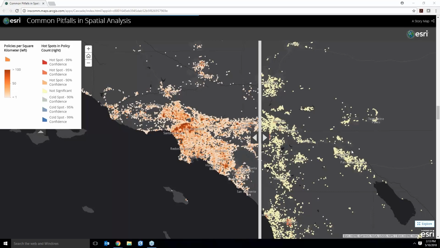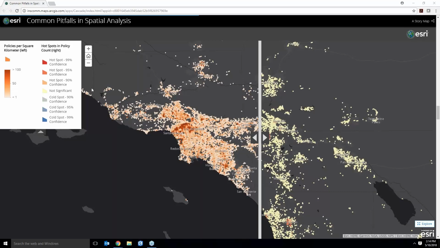The hotspot analysis tool classifies our data into hot and cool spots. And in the result, a hotspot represents a contiguous area of high values. In other words, a continuous region where we have a high number of policies. A cold spot represents a contiguous area of low values, or an area with low concentration.